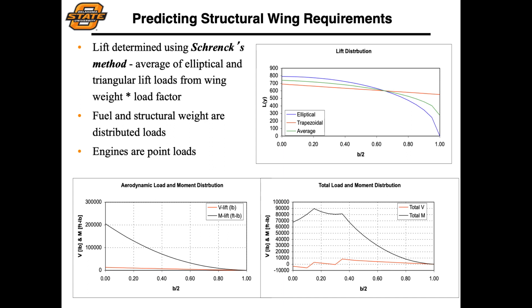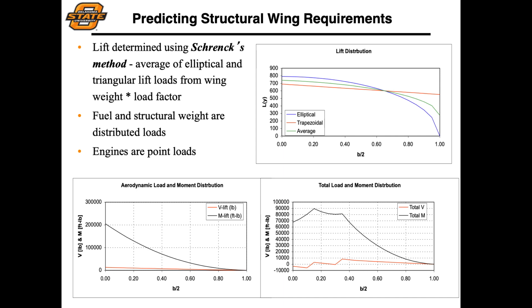And if we're clever about how we place our engines on the wing, those will also reduce the structural load requirement on our wing. So there's a benefit in placing things such as engines on your wing, because that will reduce the overall load that your aircraft sees within flight.